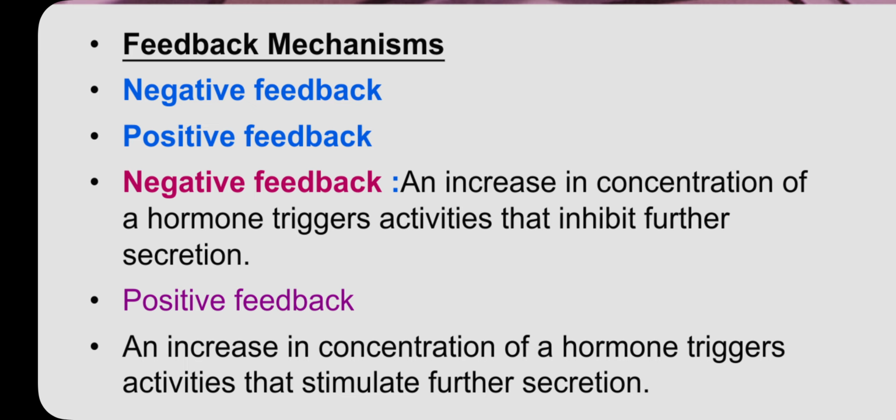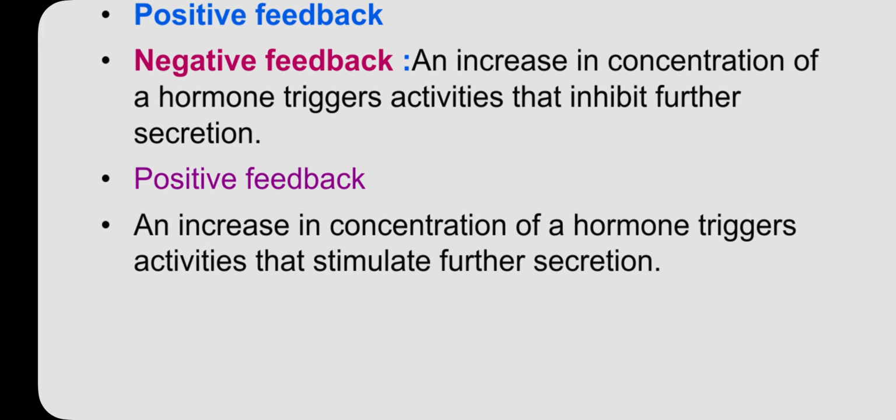Next is positive feedback. Here an increase in the concentration of a hormone triggers activities that stimulate further secretion. Certain hormones are increased, and because of this they exert a positive effect on the further stimulation of certain hormones or factors. This is called positive feedback.